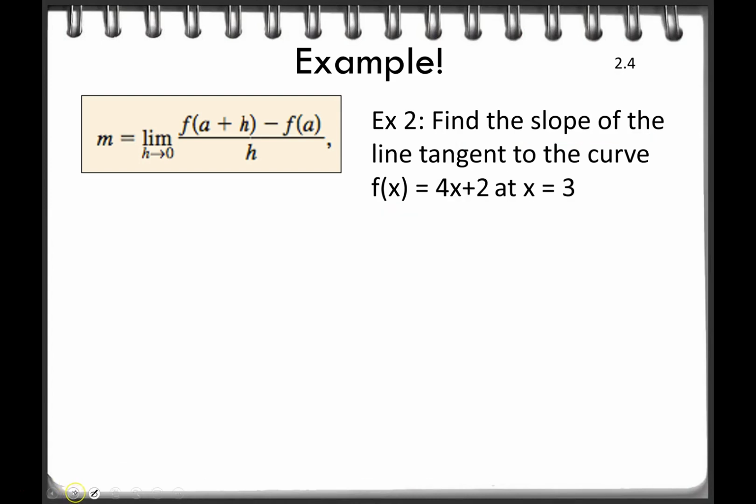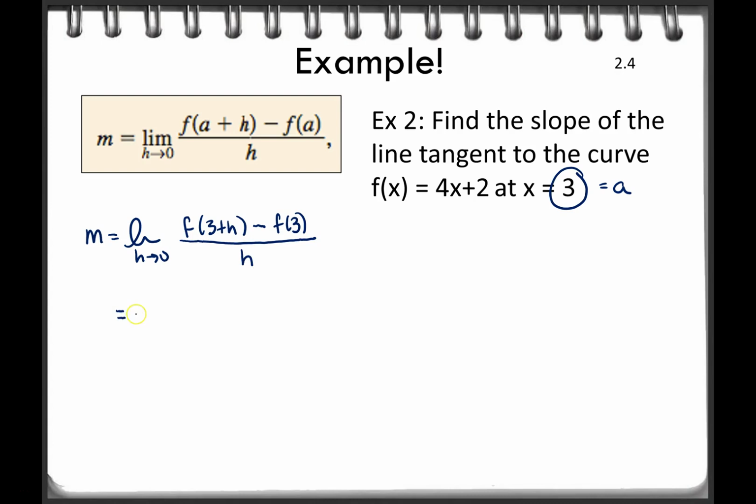All right. Next one, example 2: find the slope of the line tangent to the curve f of x equals 4x plus 2 at x equals 3. We're going to write my slope equals the limit as h approaches 0 of f of, well, my a is 3, so that's 3 plus h, minus f of 3, which just means plugging in 3, all over h.